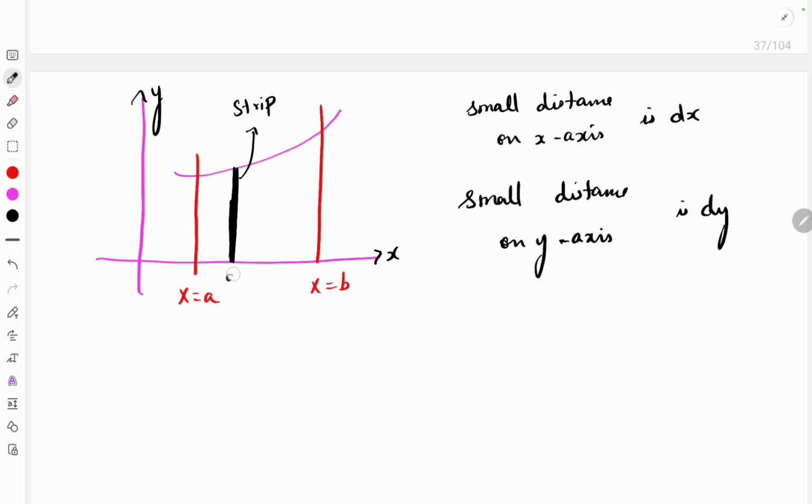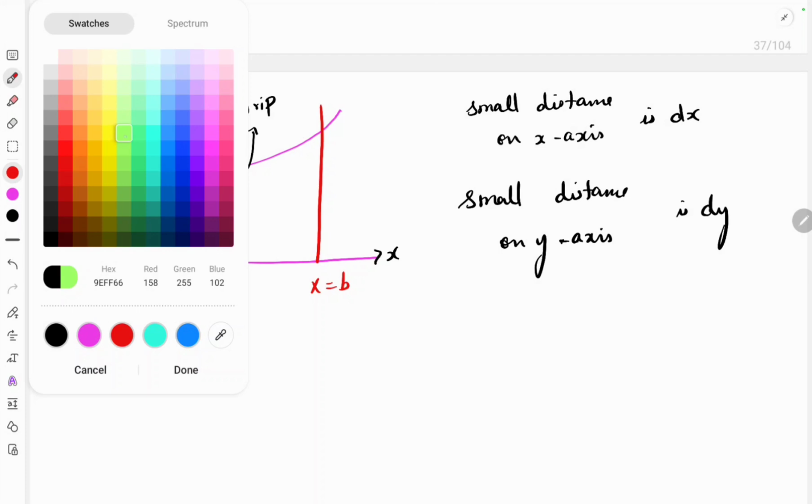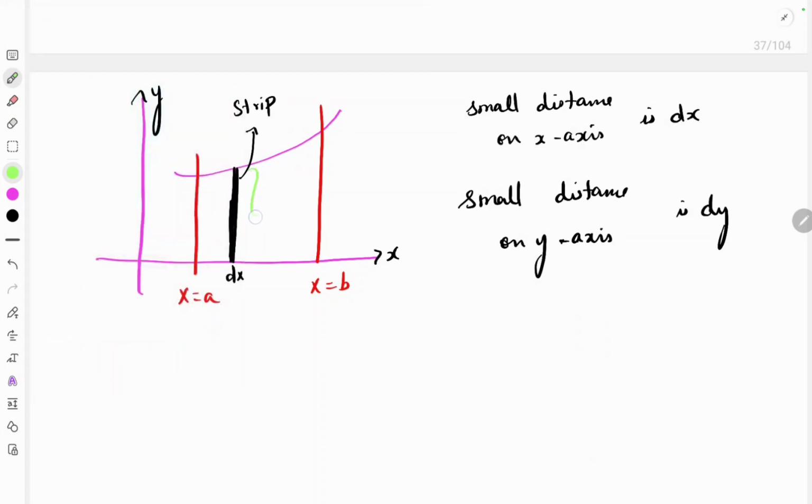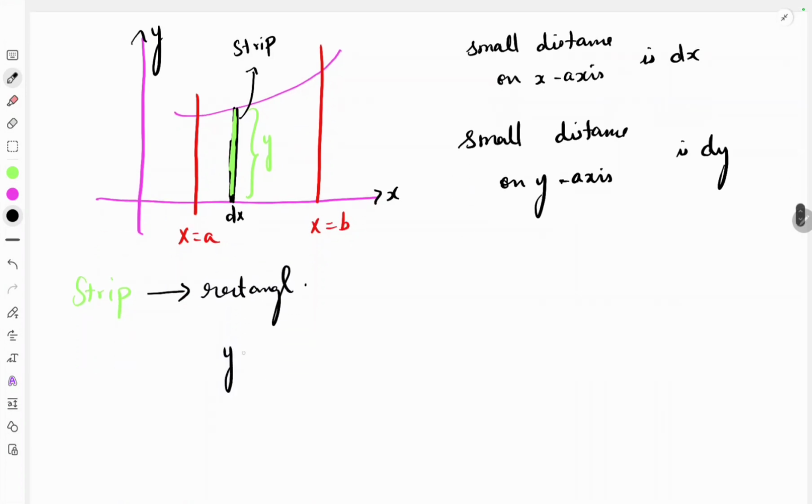Since it touches here, the width is dx, and this length along the y-axis will be y. Now the entire shape is not a rectangle, but this strip is a rectangle. So we know the area of the rectangle, which means it will be y dx.